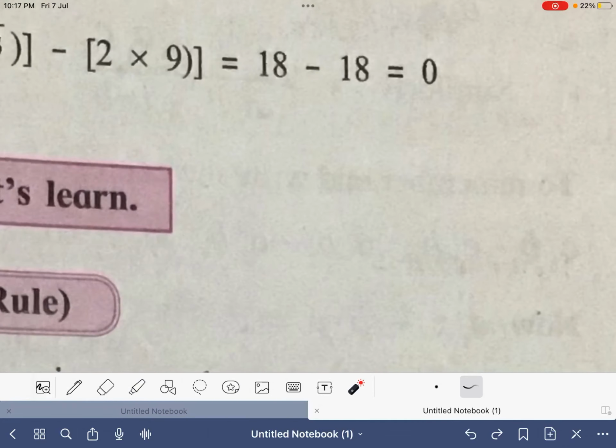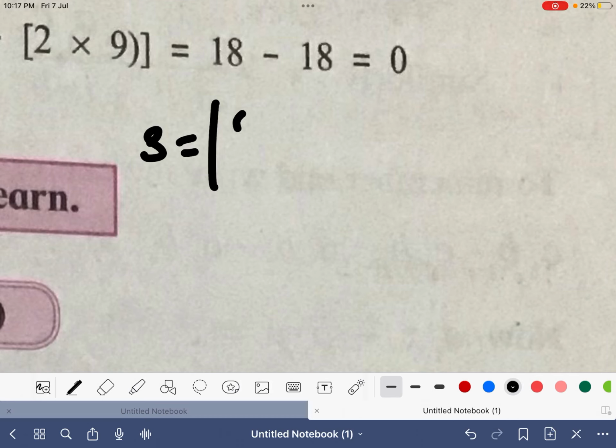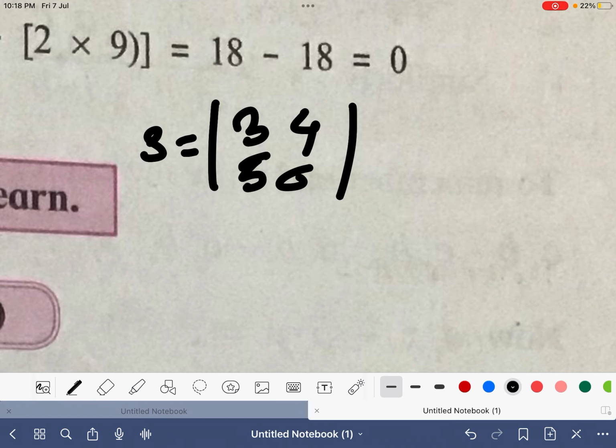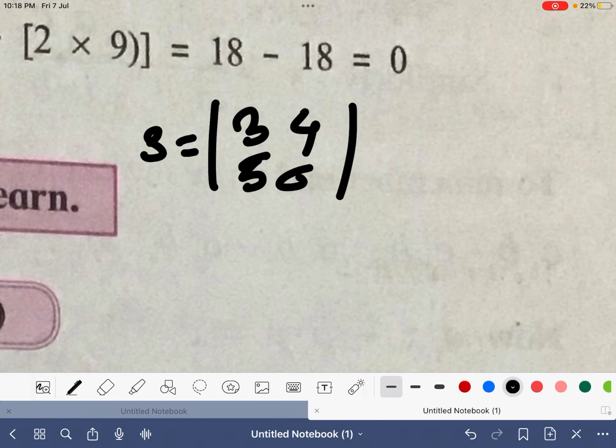Let me write one example. So if suppose the question is like that, find the determinant s is equal to 3, 4, 5 and 6. Clear? Now what is our target? So we have to solve the determinant and we have to find the value of s. Okay, but we know that s is equal to cross multiplication of these two numbers, means 3 multiplied by 6.